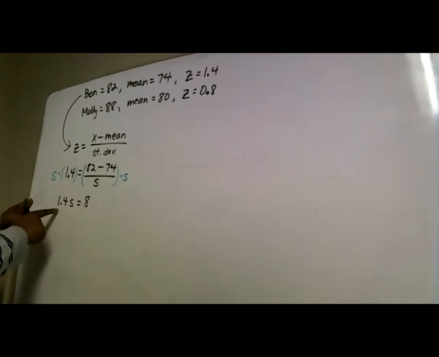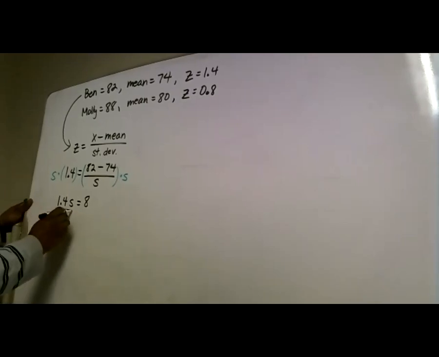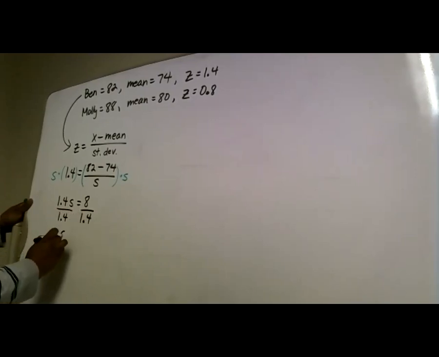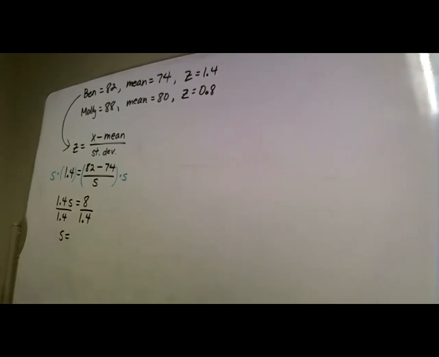Then to solve for S, I divide both sides by 1.4. So that's 5.7, to one decimal place.